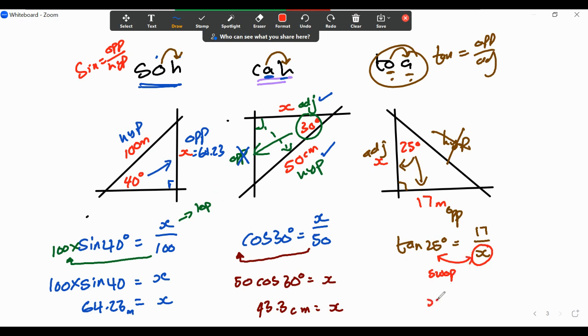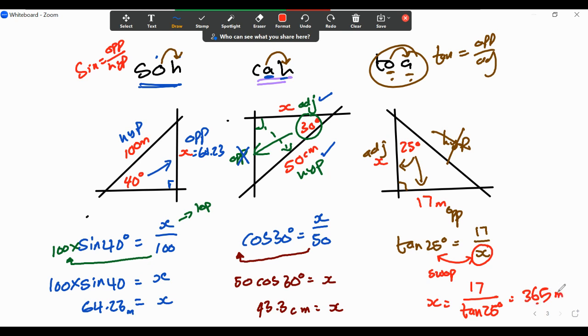Put whatever's on the other side to get it along. And here we end up dividing by 10. Putting that on a calculator, 17 over 1025 will come to 36.5. Now, if you use one decimal place, two decimal places, you can round it depending on what's required.